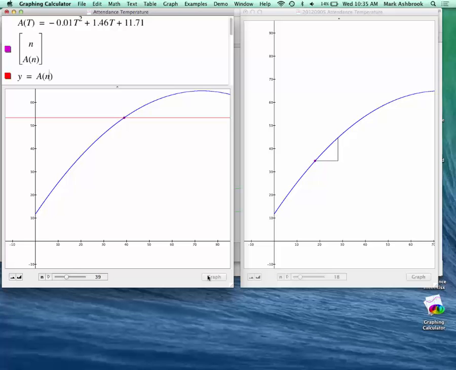But then we want to only show it from a certain starting x value to a certain finishing x value. What's the starting x value of our segment? It starts at n, and it ends 10 degrees later, at n plus 10. So we're going to say n is less than or equal to x.